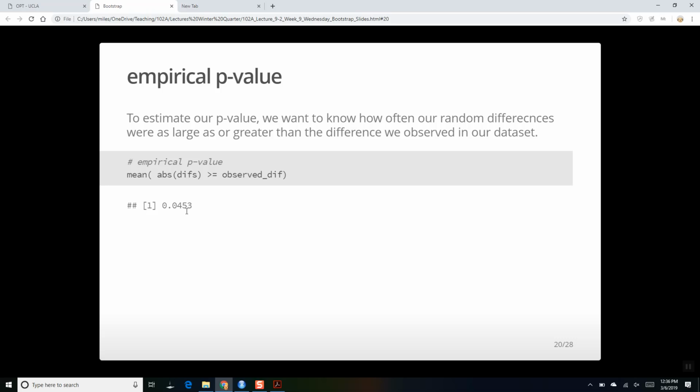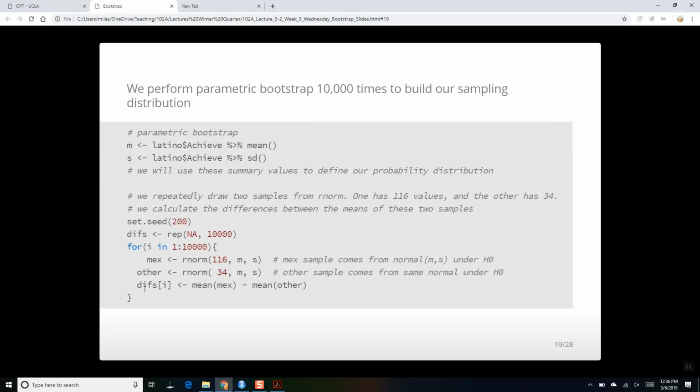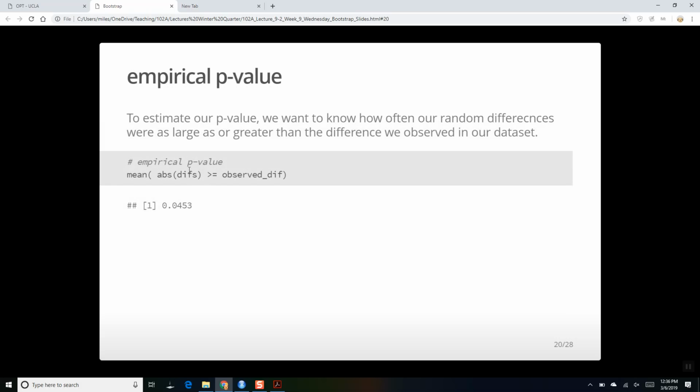So we calculate our empirical value by taking this vector of differences and asking how many of those differences are greater than or equal to our observed difference. It turns out this happens 0.0453 of the time, so 453 times out of 10,000.